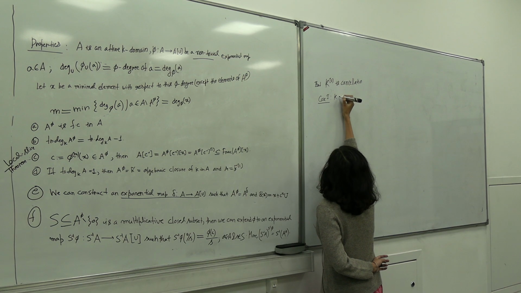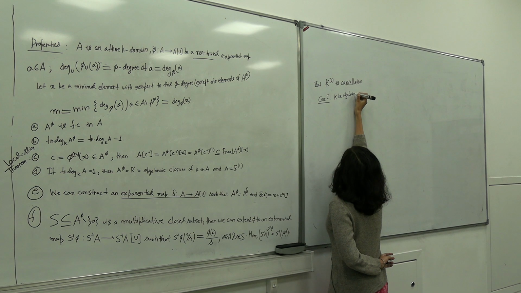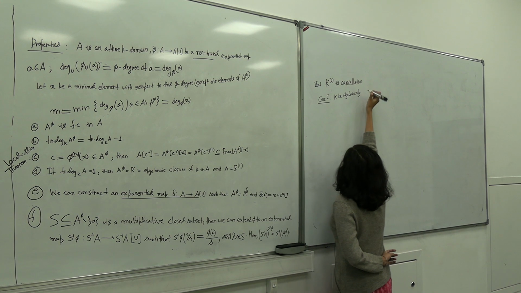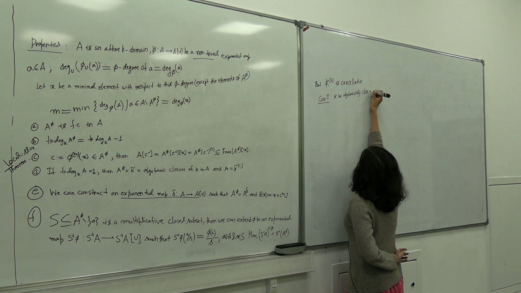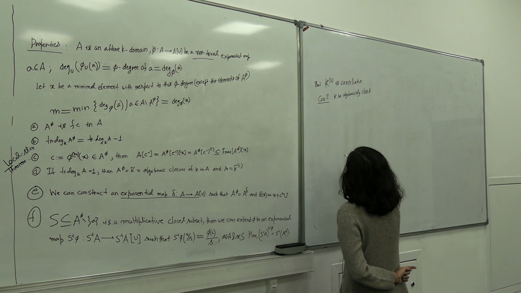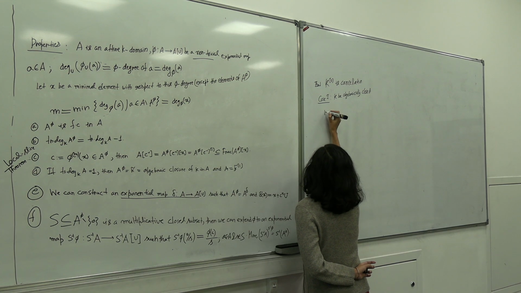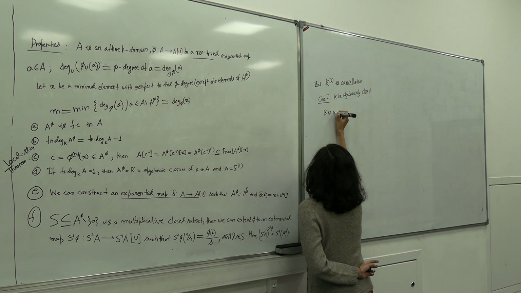So case 1, let K be algebraically closed. So it is given that B is an affine K domain.